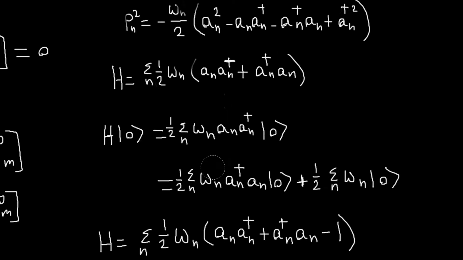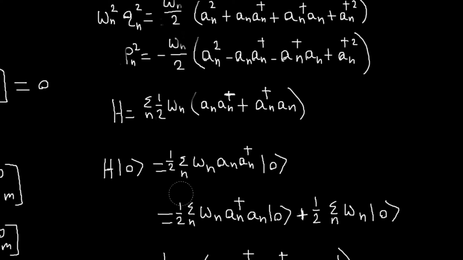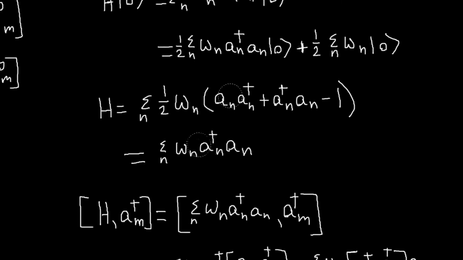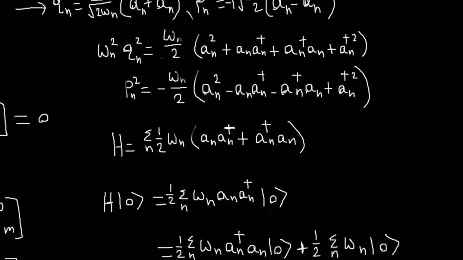And then it says, show that you can write the Hamiltonian after subtracting the vacuum energy as just this thing. And to do that, if you calculate the energy of the vacuum state, if you just act H on the ground state, then this term has a lowering operator, so that'll annihilate the state, so that goes away.